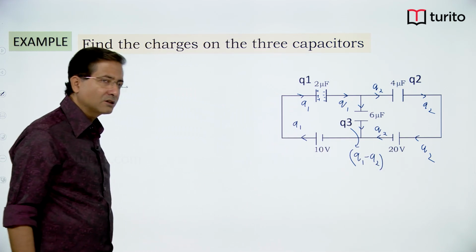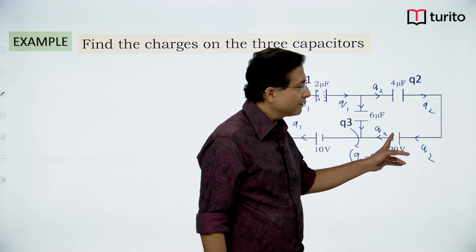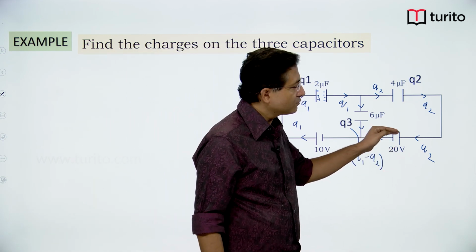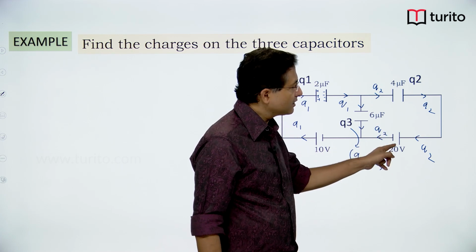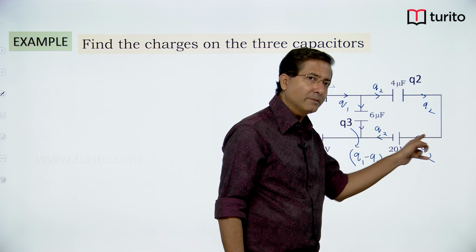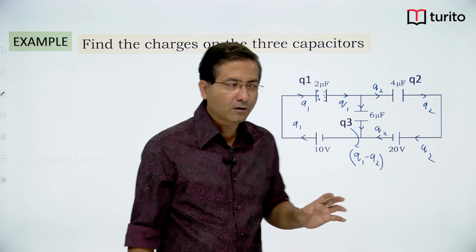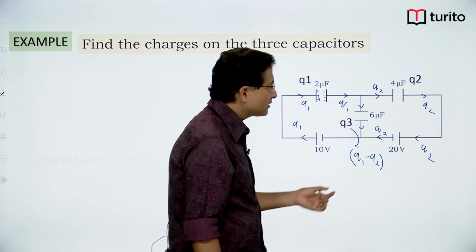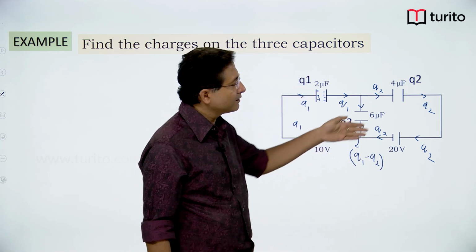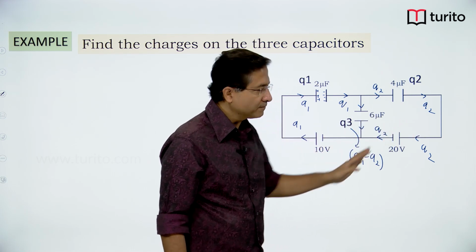Later we will talk about charging and discharging of a battery. When the positive terminal of a battery is getting discharged, charge flows out. When it is getting charged, then charge comes in, right. So, charge may flow out or come in depending on whether we have charging or discharging. Obviously, in this situation you can see that this is a 20 volt battery and this is a 10 volt battery. Obviously, finally, this will be in this direction, right.